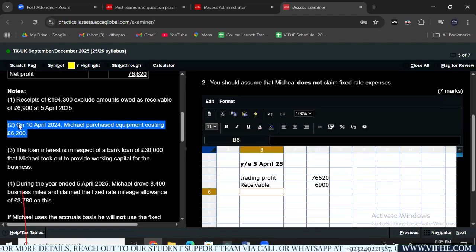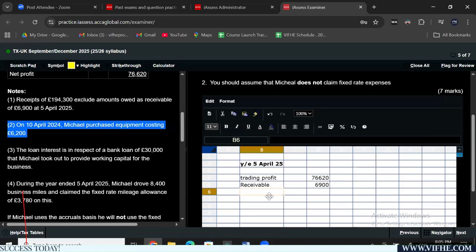When you are adjusting profit on cash basis, whatever assets you are purchasing, whatever property, whatever plant and machinery, the capital expenses, if they are paid, they are deducted. So this 6,200 has been deducted, though it's a capital expense. But when it comes to accruals basis of adjustment, capital expenses, asset expenditures are denied. They shouldn't have been deducted.